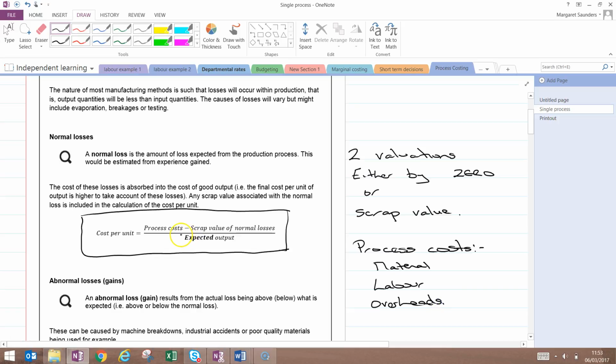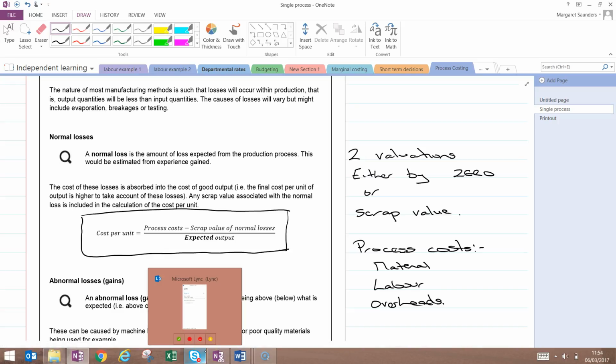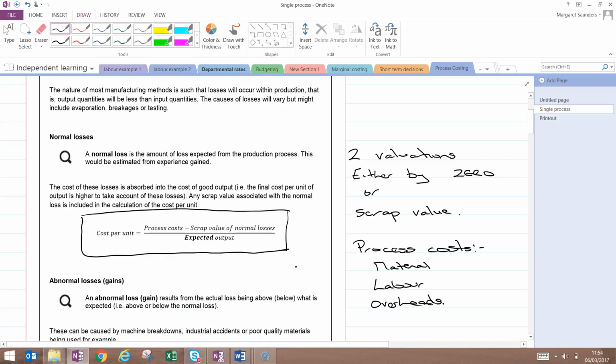We deduct from the process cost the scrap value of your normal loss. So if you are able to sell your normal loss for scrap, then that gets deducted from your process cost. And then you divide by your expected output. Expected output is the quantity of material that you have put into the process minus your normal loss.